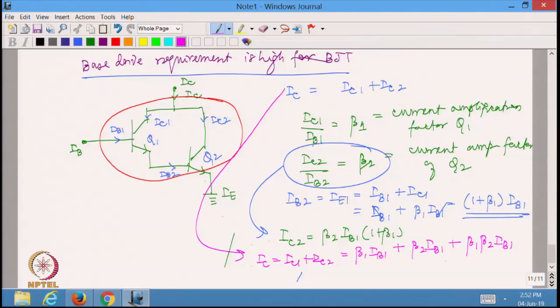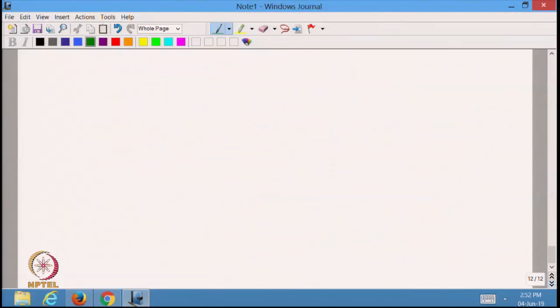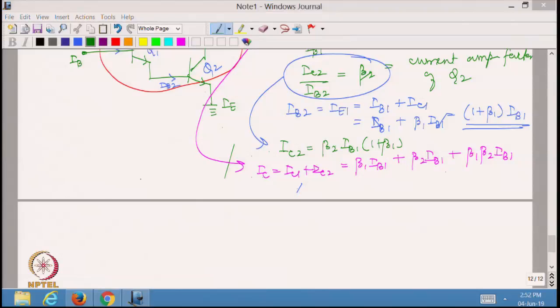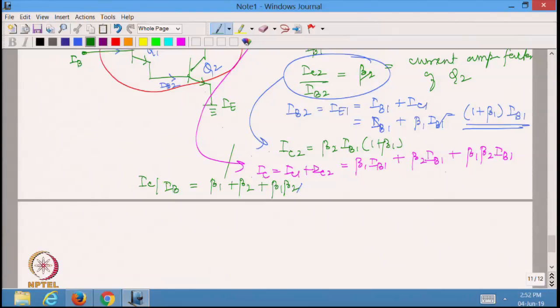So in general for the Darlington pair, overall IC divided by IB will be equal to beta 1 plus beta 2 plus beta 1 beta 2. If beta 1 equals 10 and beta 2 equals 10, I get an overall beta for the Darlington pair of 120, as against 10 for each of the transistors.